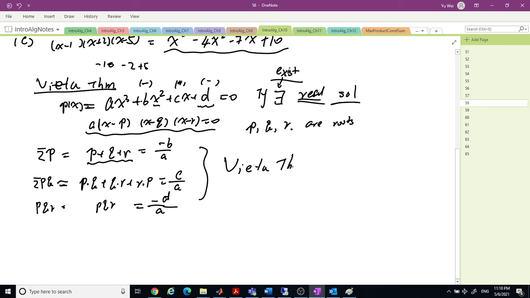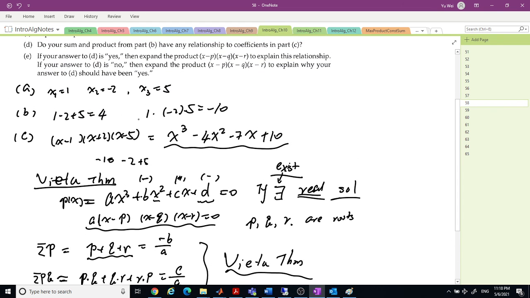So this is called the Vieta theorem. This is a very powerful theorem and very useful for solving a lot of quadratic problems, or even polynomial problems in mathematics tests. Okay.